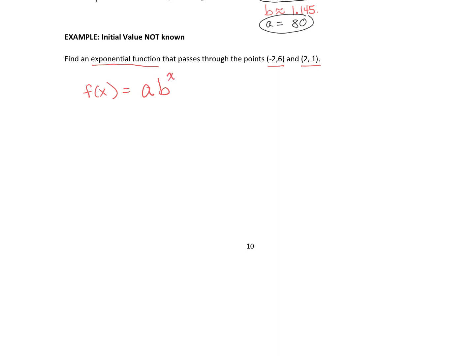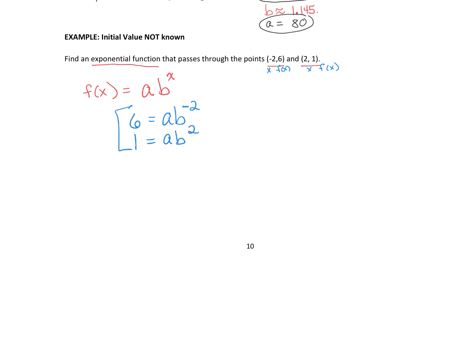Keeping in mind this is an x, f of x, and this second ordered pair is also an x, f of x. I'm going to plug each ordered pair in individually. So for the first one, I'm going to get 6 equals a b to the -2. And for the second one, I'm going to get 1 equals a b squared.